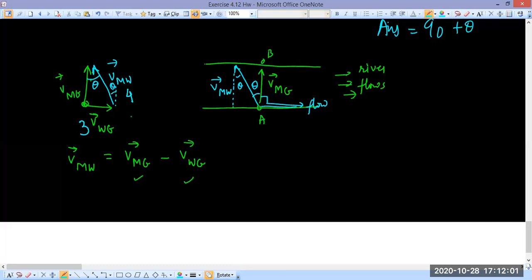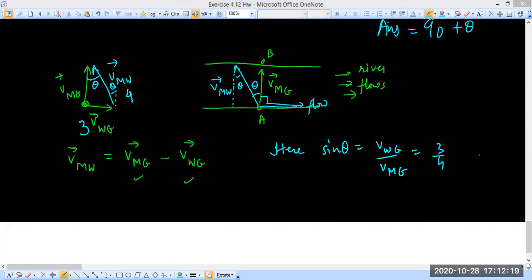So sine theta is equal to opposite upon hypotenuse. So this is what we are getting, right? So that is 0.75. Now we have to look in the table, right?